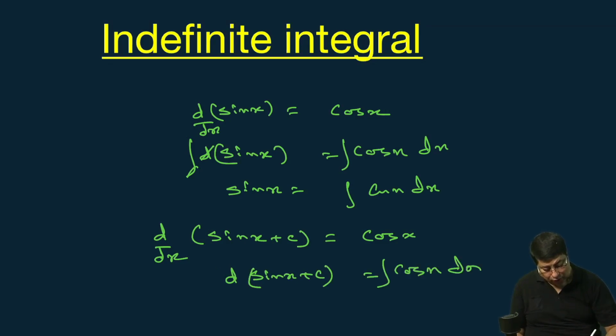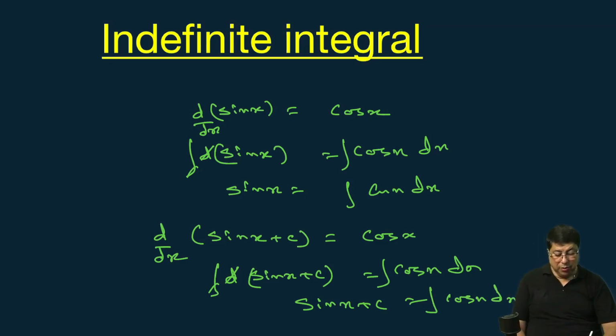Now if we integrate, these are getting cancelled and we get sin x plus c equal to the integration of cos x. This is the concept of the indefinite integral, and the c is called the integration constant, because it is coming from the integration.